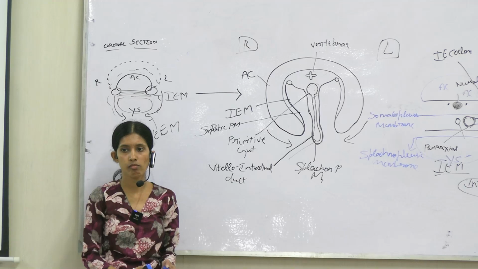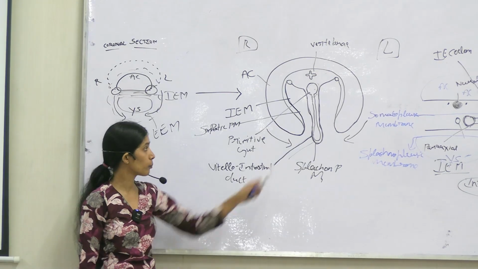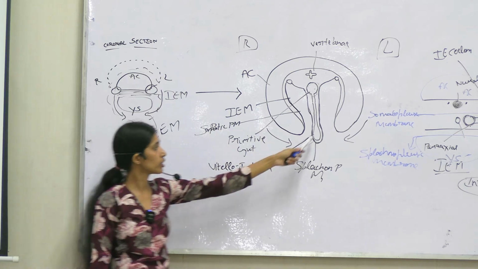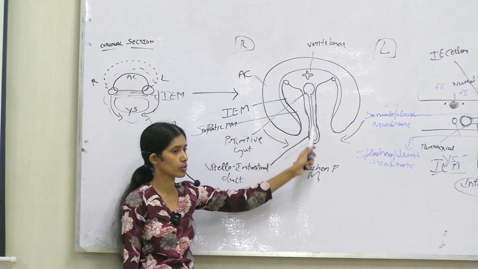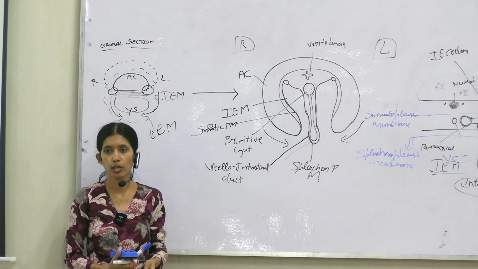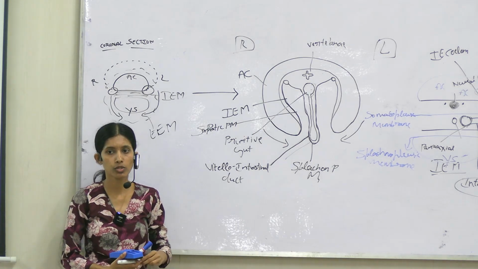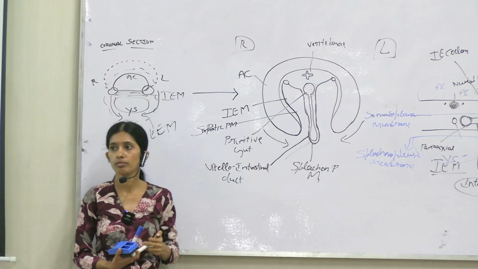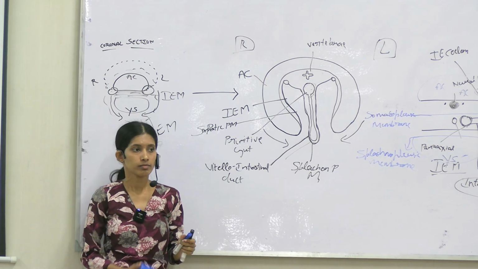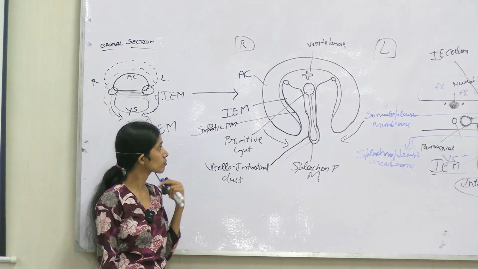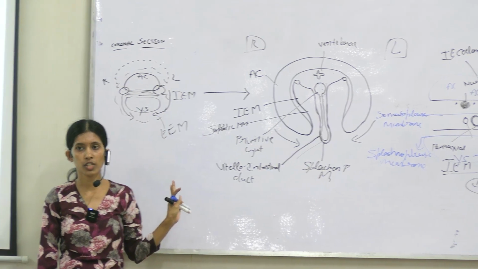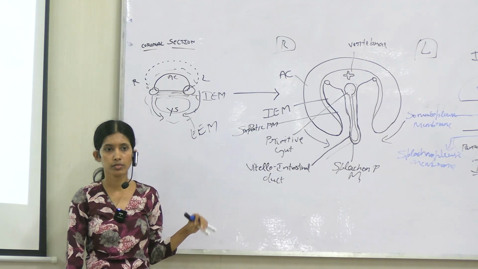Is it clear? The membrane which is in contact with amniotic cavity is somatopleuric. The membrane which is in contact with your yolk sac is called splanchnopleuric membrane. Any doubts in this? Shall I clean it?